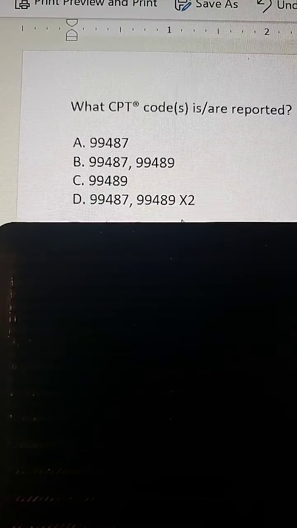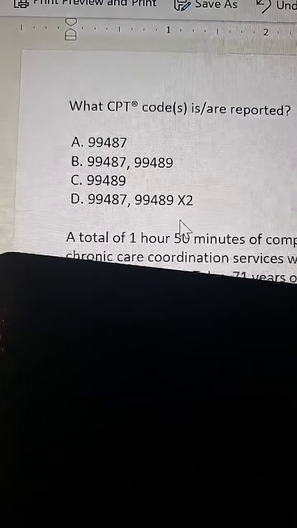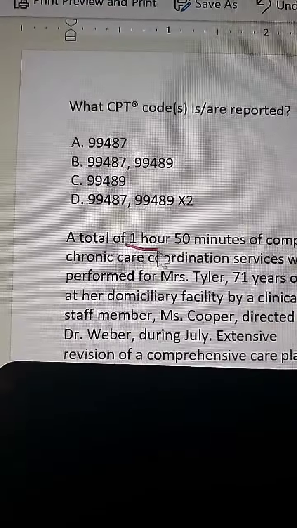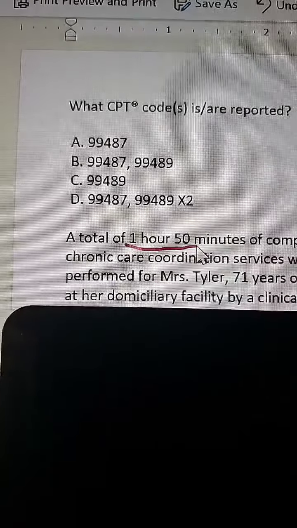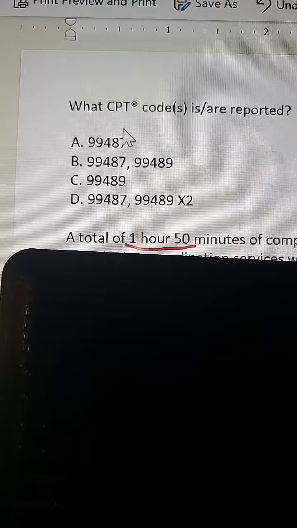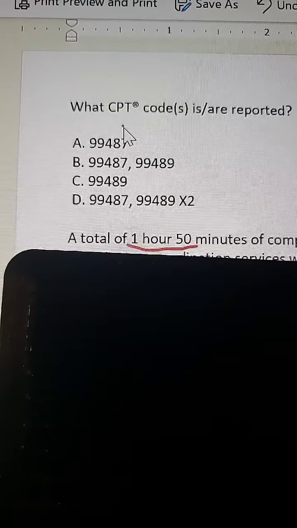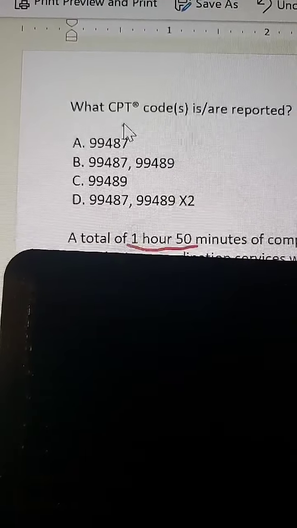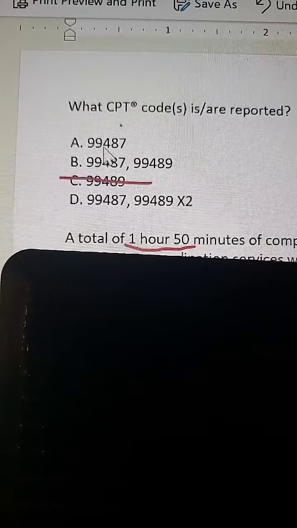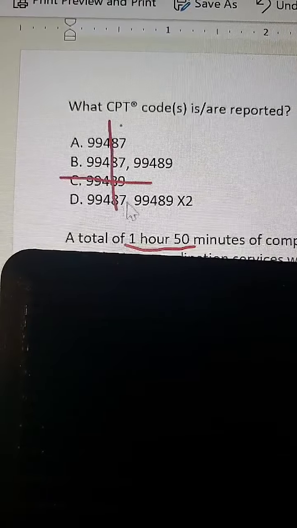Probably need to know how much of that additional 30 minutes needs to go by before I can start billing it. Let's see how much time is in this. We have 1 hour and 50 minutes. So if we did 1 hour, we know we get to bill the 99487. Anything with 99489 we can't bill. So we know we've got that for the first hour.